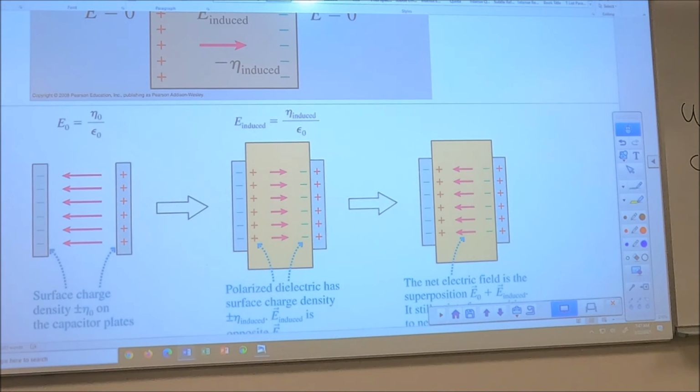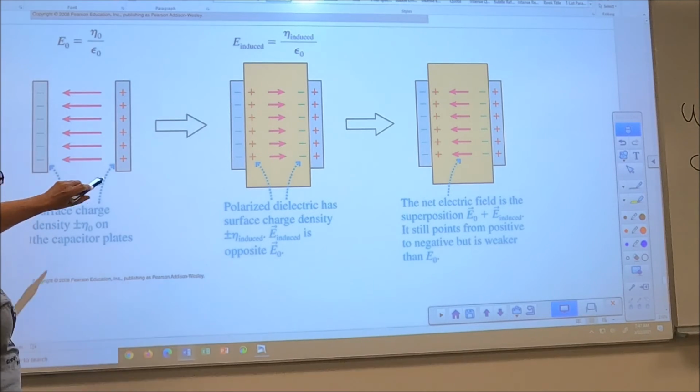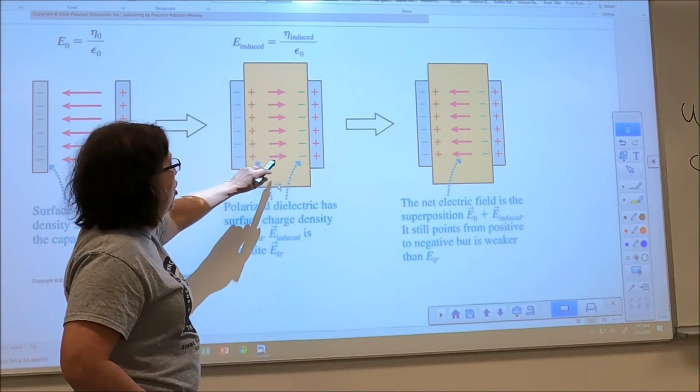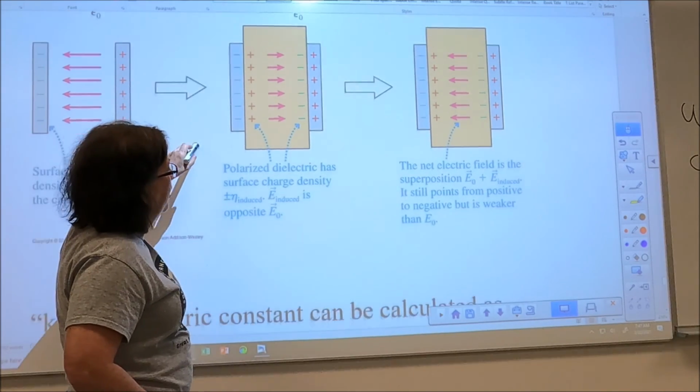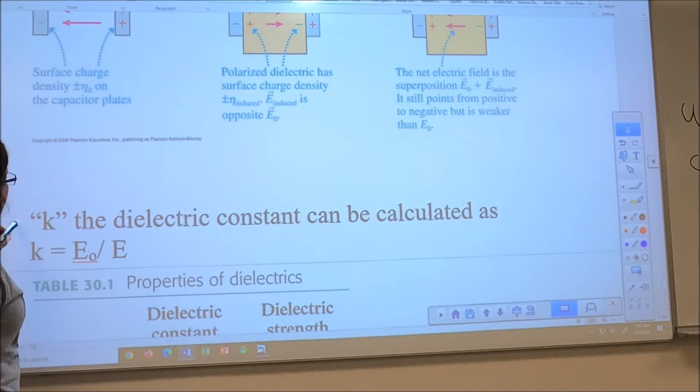Like here. There's the original electric field. There's the electric field caused by the charge separation inside the dielectric. And then the net electric field.